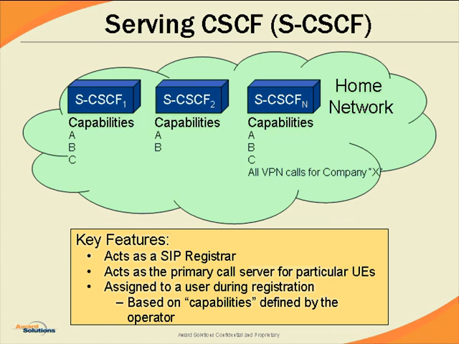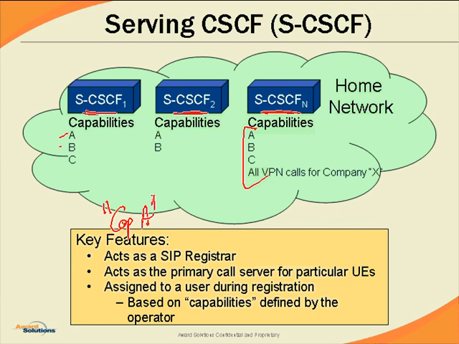Different serving CSCFs may have different capabilities. In this example, we have one serving CSCF with capabilities A, B, C, another with A, B, another with just A. Those are the capabilities. If we are looking for capability A, let's say regular session control, then we can choose any of those three.